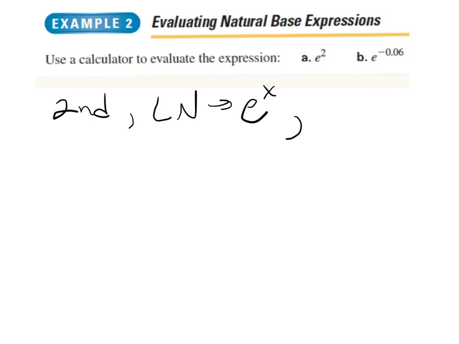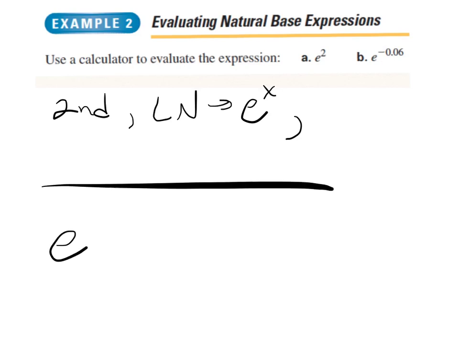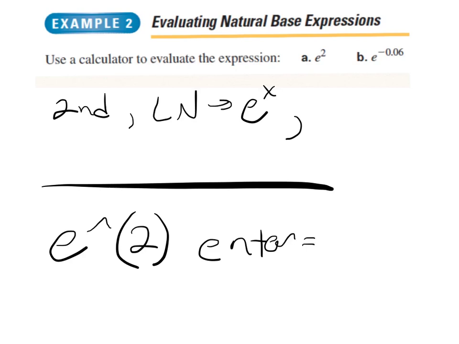What your screen will show looks like this: it'll say e to the, and then whatever. So right now we want to raise to the 2 and close parentheses and then hit enter. And that should equal 7.389, or round it to 7.39.